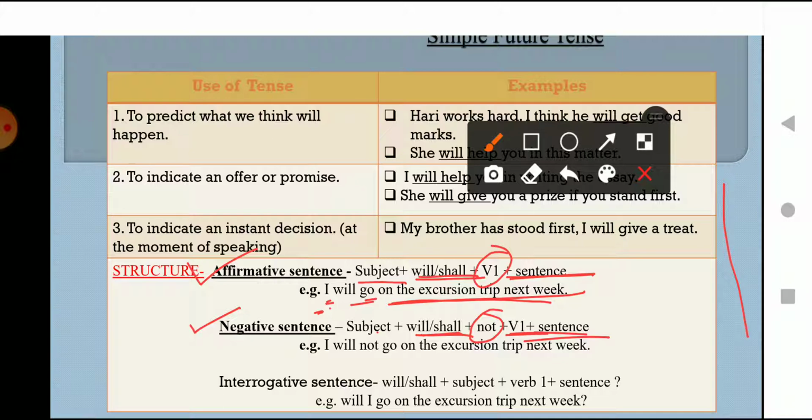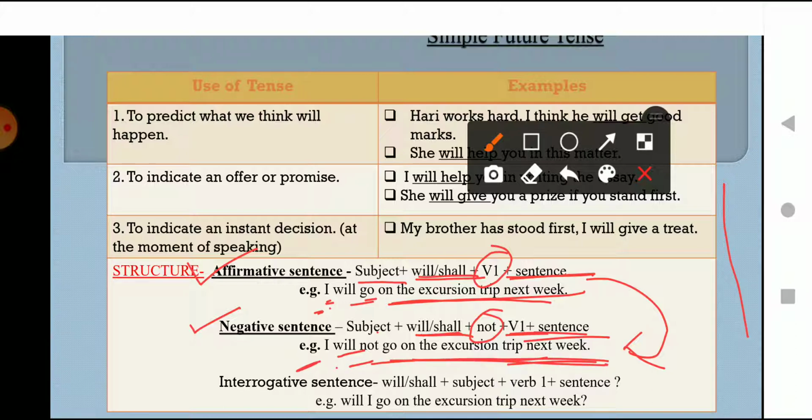Let's take the example again. I will not go to the excursion trip next week. So I is the subject, will is taken as I is a singular noun, and not plus the first form of the verb and the remaining part of the sentence.